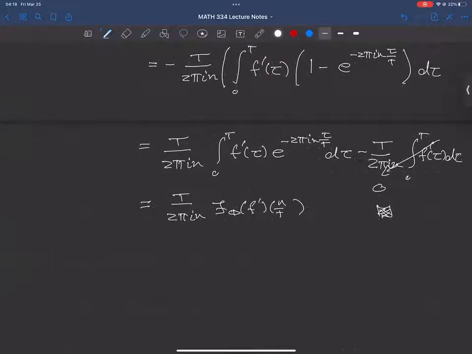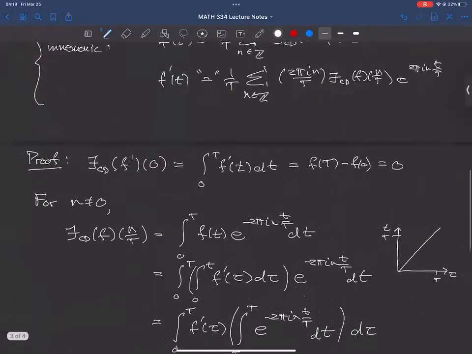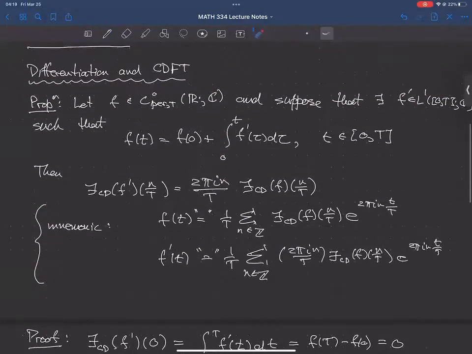Good. So what do we really care about here? Looking at this formula, we know that f prime is in L1. And so we know by the Riemann-Lebesgue lemma that these coefficients go to 0 as n goes to infinity.